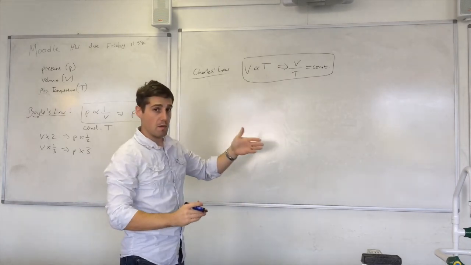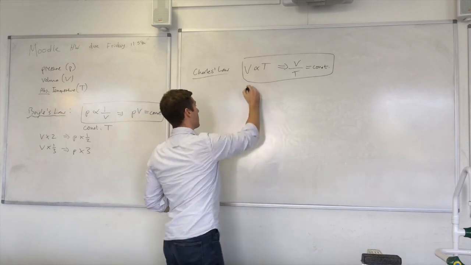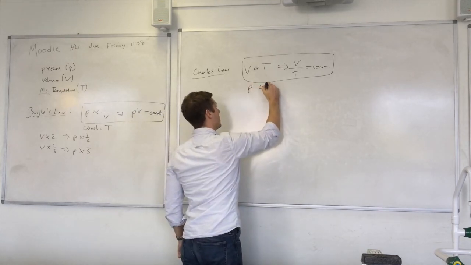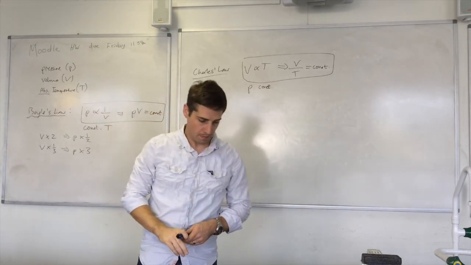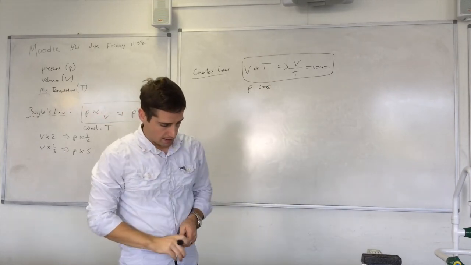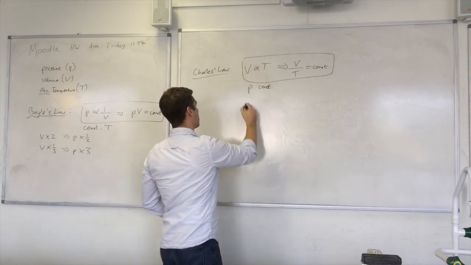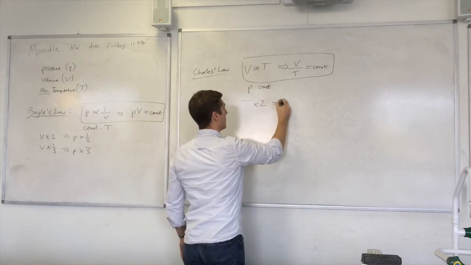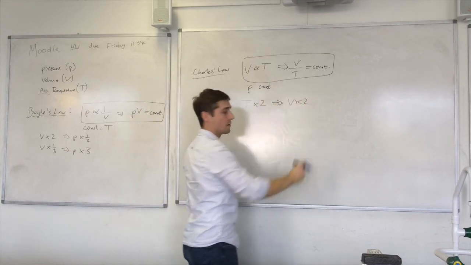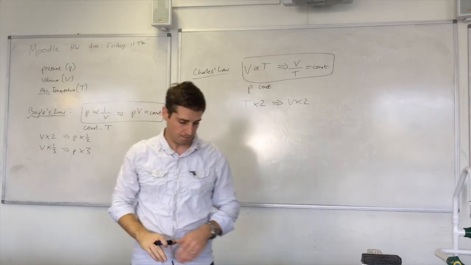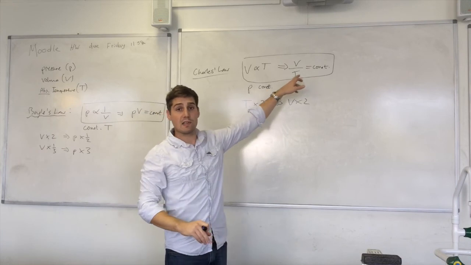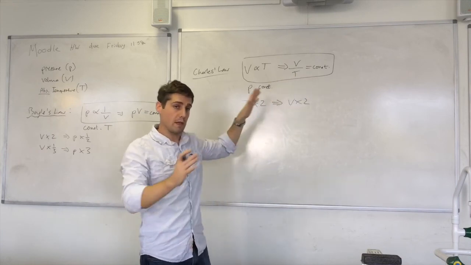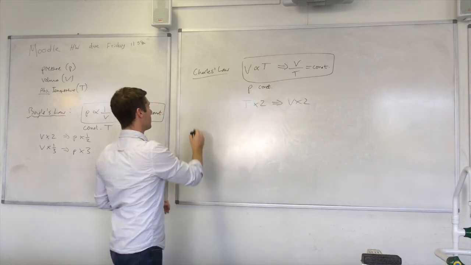In addition to the fixed mass of gas, the other property, pressure, needs to be kept constant also. So double the temperature, double the volume, and so on. Bearing in mind that this is absolute temperature, so that's the place where you have to do conversion.